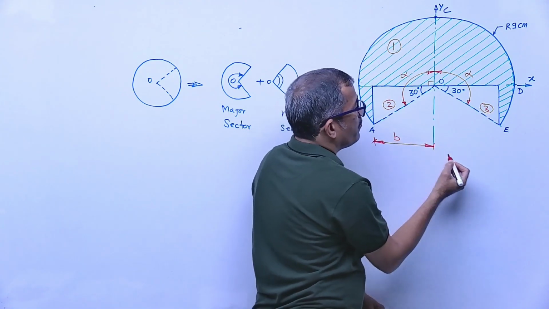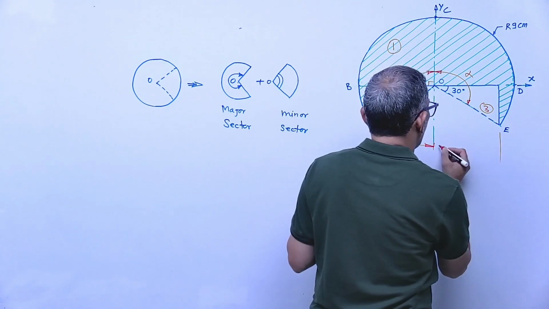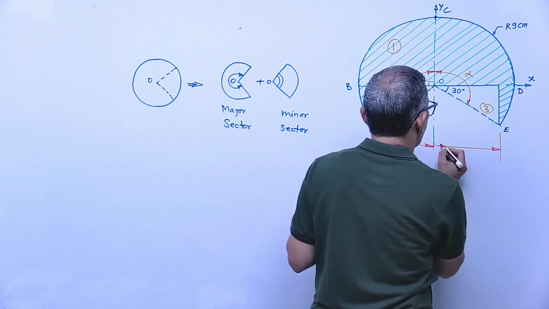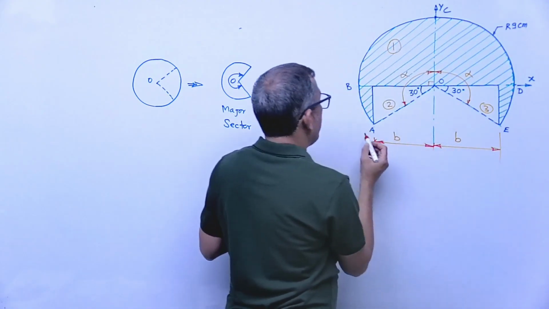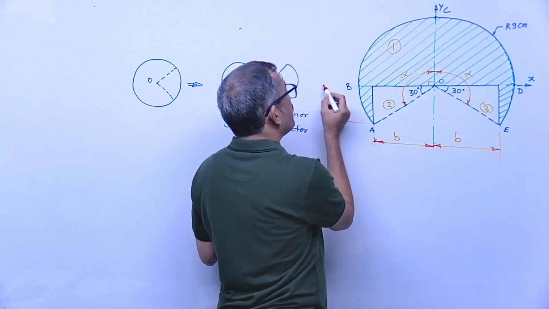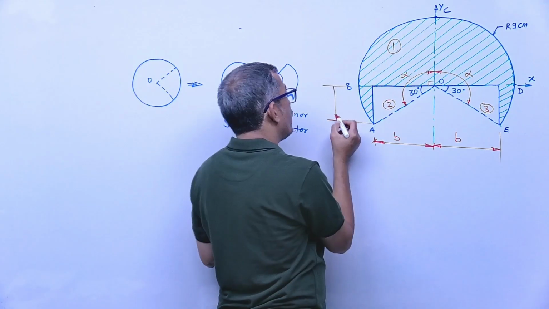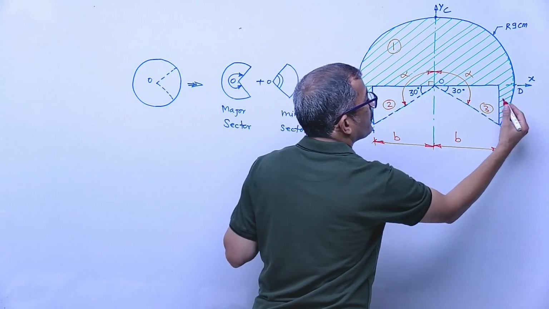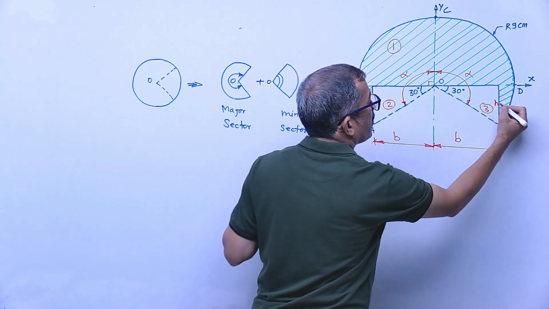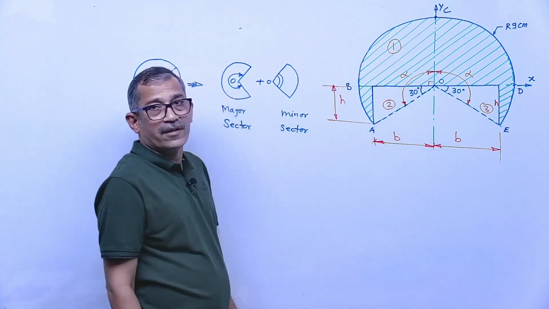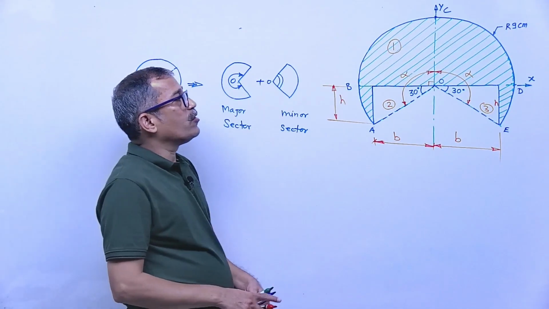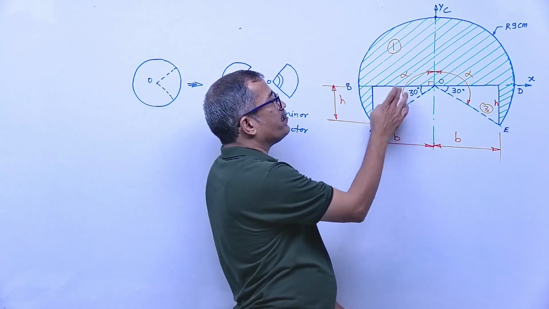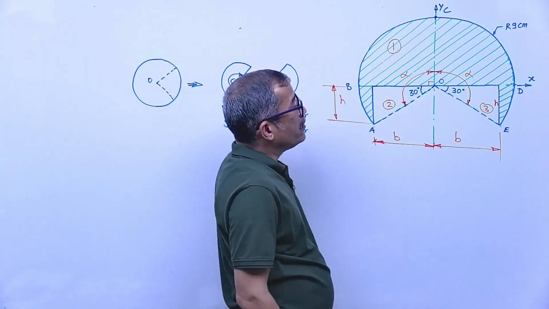B. For this triangle also we get the same base, B. Height of the triangle: if we draw a horizontal line from A and B, this one is the height. Angle here is 30, so this one is also the height, the same, vertical. Correct? How many components? One sector minus two right angle triangles.